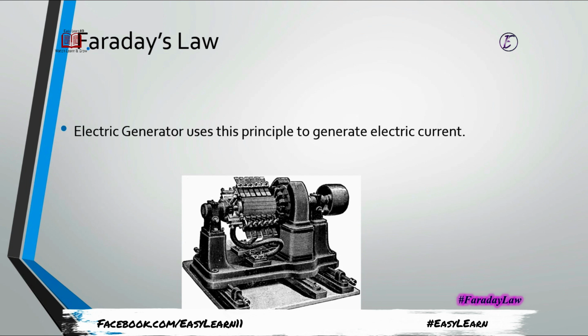This generator, I think, can produce 9 amperes and 7 volts, if I remember correctly. I just want to show you that electric generators use this principle to generate electric current nowadays.